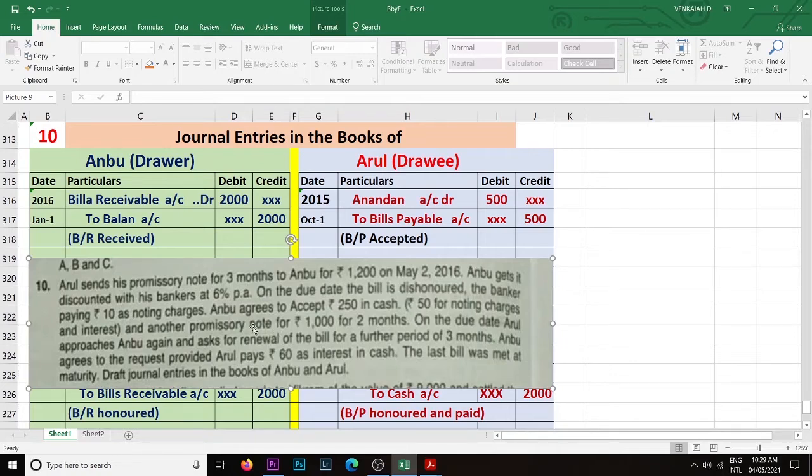Arul sends a promissory note, which means Arul accepted the bill. Anbu account debit, to bills payable account. Amount is 1200. Bills receivable account debit, to Arul account. Amount is 1200.